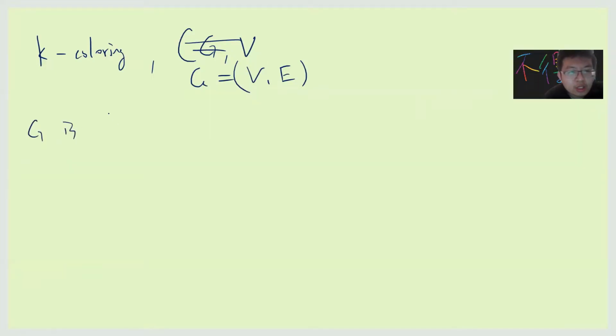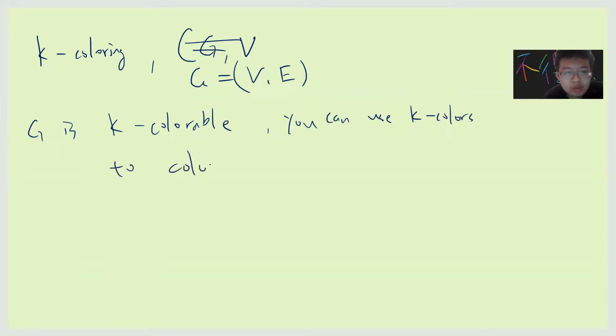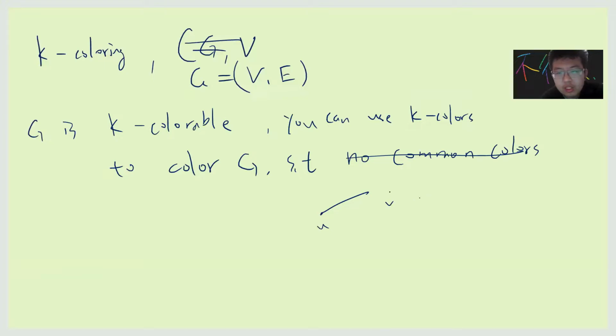When I say that G is K colorable, it means that you can use K colors to color G, and there is a condition: if there's an edge U, V connecting them, then U and V must have different colors.